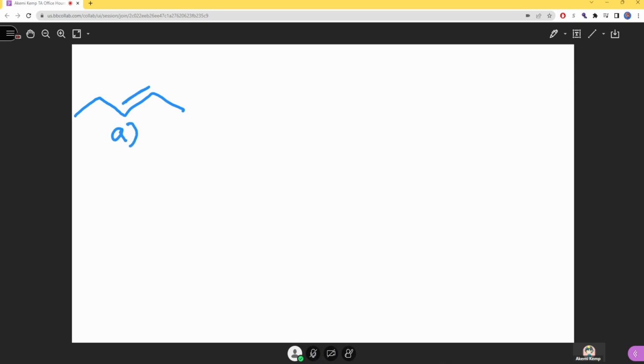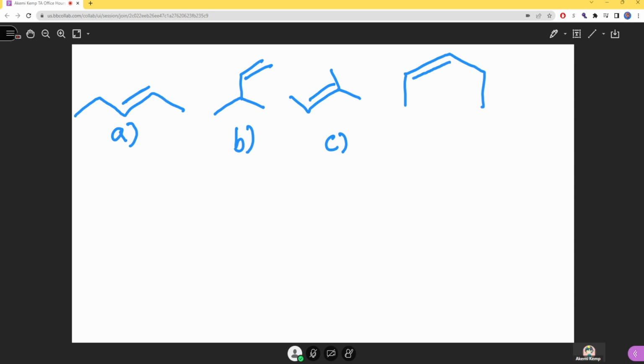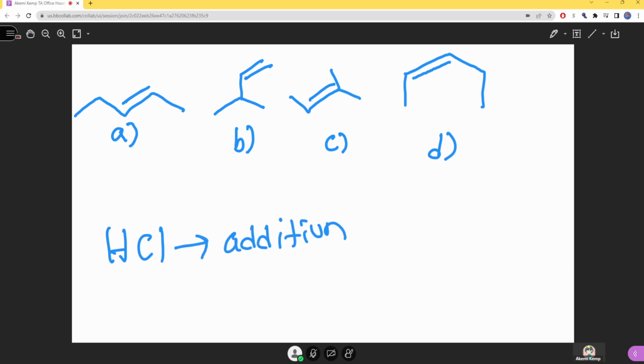This was answer choice A, then B, then C, then D. So HCl would be an addition reaction, and you end up adding chlorine to any of these molecules, right? Now, it's about which one of these molecules will work with HCl better, at a faster rate.